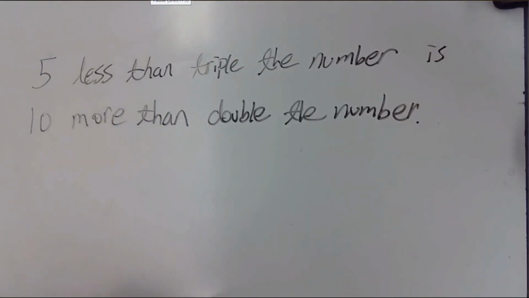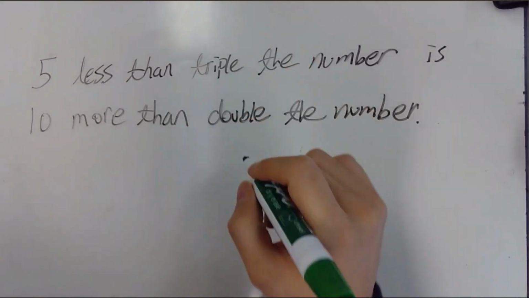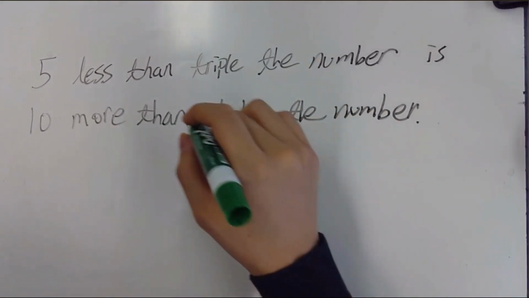That was a fairly simple example, so let's try to look at something a little longer. Over here, I have a sentence: 5 less than triple the number is 10 more than double the number. Let's try to translate one by one.